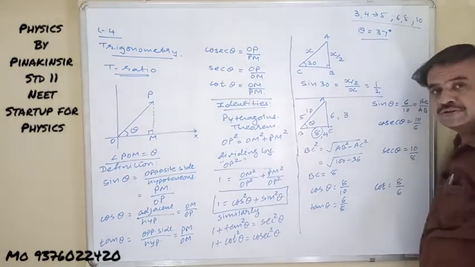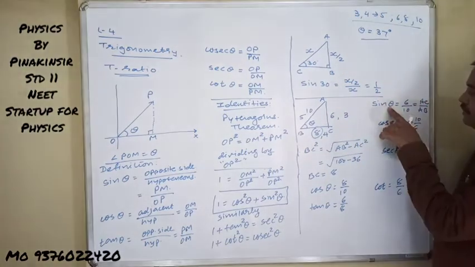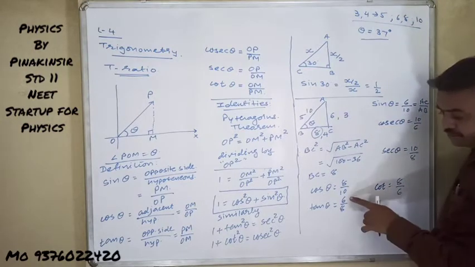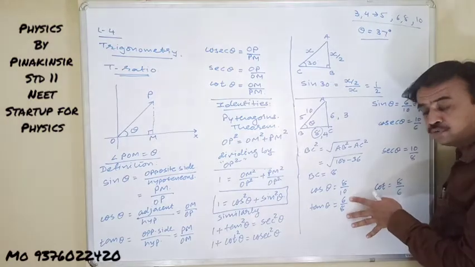And thereby we can say that sin 37 is equal to 3 by 5. Tan 37 will be equal to 3 by 4.